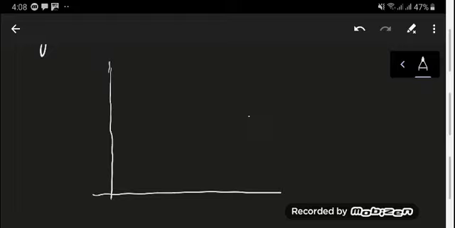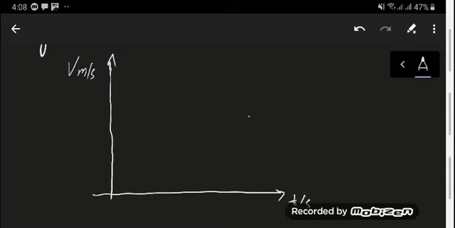So let's have this graph. This is the speed time graph, and this is the speed in meters per second, and time in seconds. It's always good to write the units. It's necessary to write the units along with the notation.